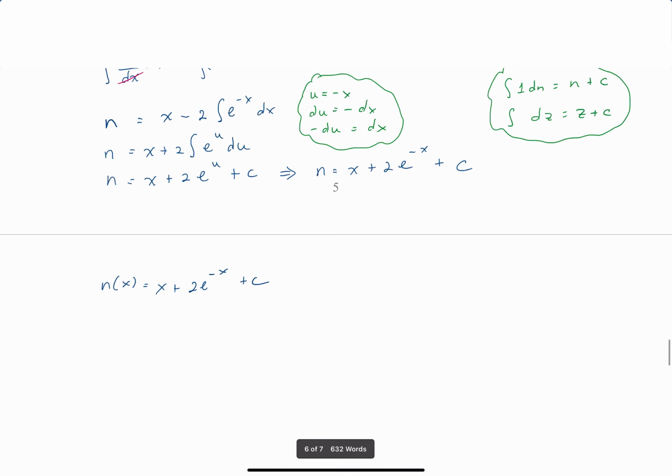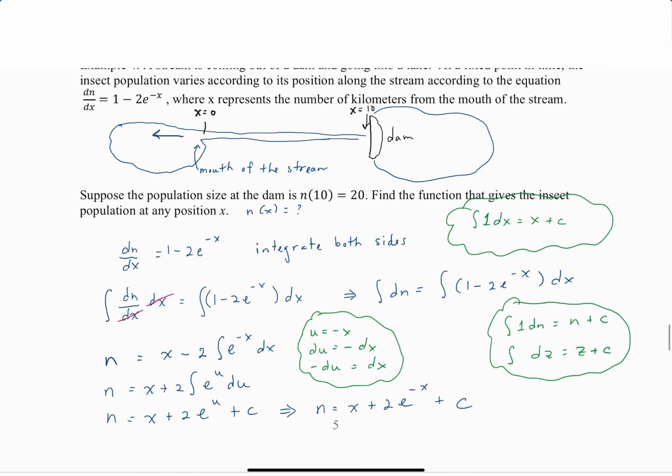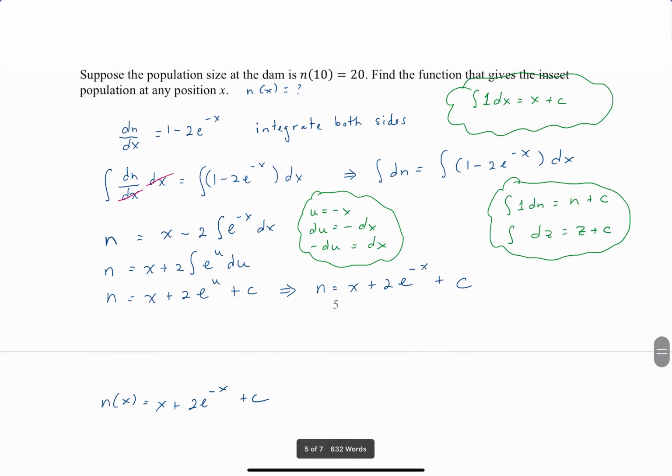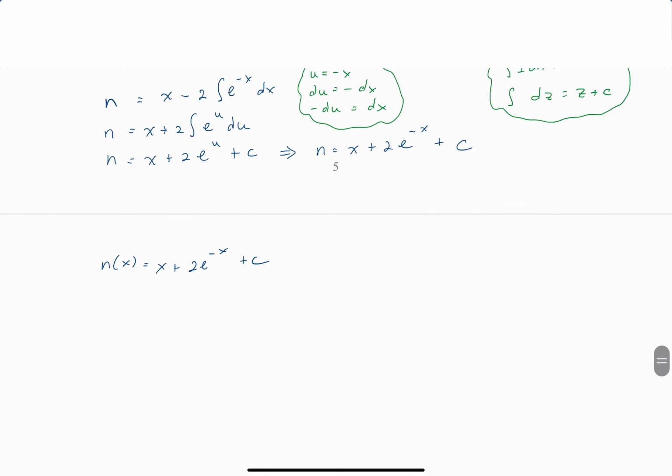We're asked to do a little bit more than that, though. We're also given the information that the population size at the dam is n of 10 equals 20. So if we put that in, we have n of 10 is 10 plus 2 e to the minus 10 plus c, and that's got to come out to be 20.